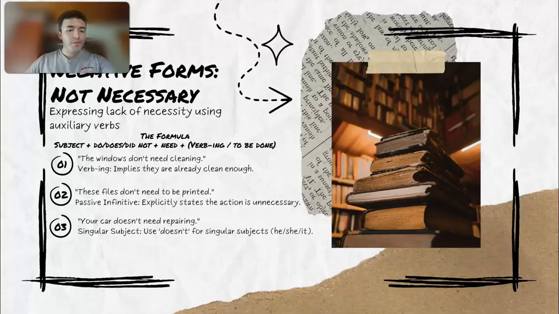And the final example, your cat doesn't need repairing. Singular subject: use doesn't for singular subjects, he, she, it. In British English, you might also hear needn't be cleaned, a modal verb without the preposition to, but using don't or doesn't need is the most common and standard everywhere, okay?